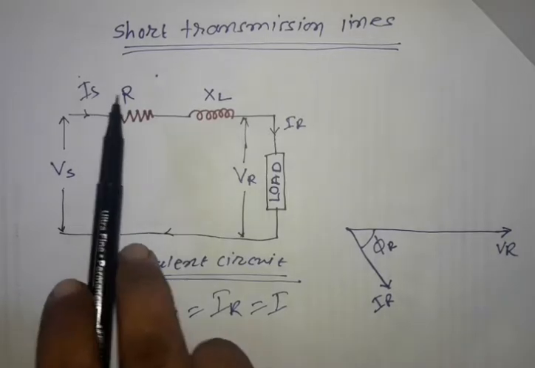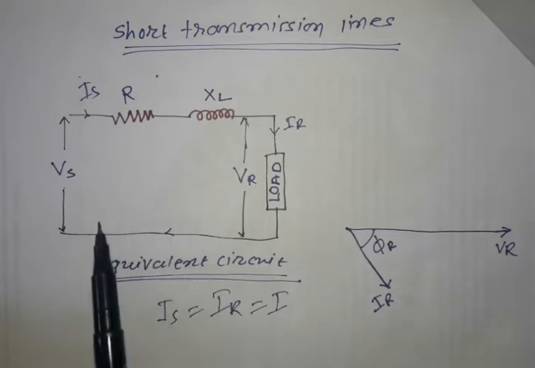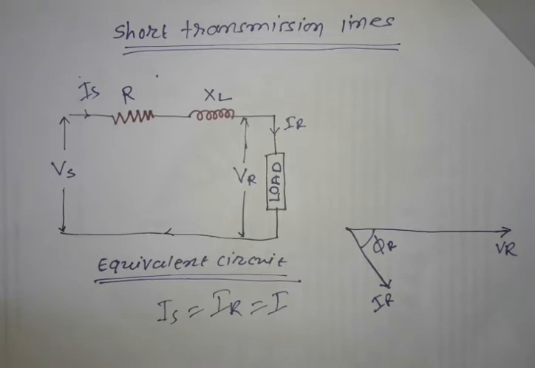So the current IR flows through the resistance and inductance. Since the current IR is flowing, in the resistance there is a drop called the IR drop, and we know that any resistive drop is parallel to the current.